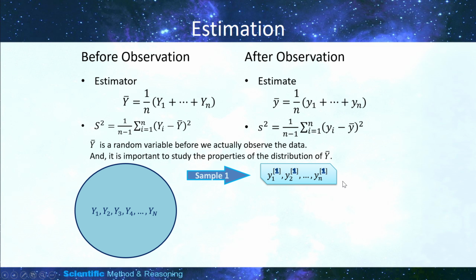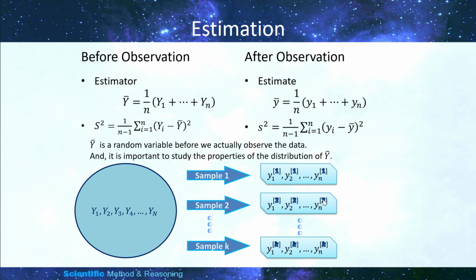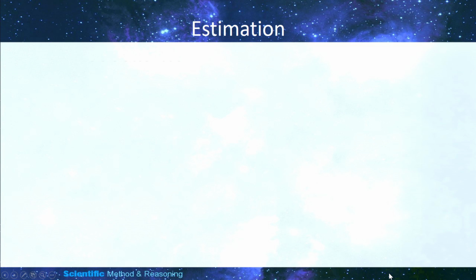But ideally, if we have enough budget to repeat the experiment, we can draw a second sample, y1 up to yn, based on the second sample. And you can draw as many samples as you wish. For example, we can draw k independent samples from the population, and repeat the sampling procedure under the same condition, of course.